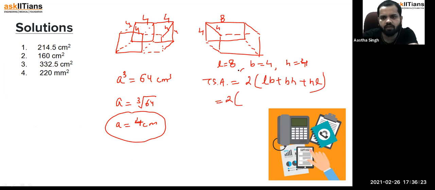What is L into B? 4 into 8, that is 32. What is B into H? B into H will be equal to 4 into 4, 16. And H into L will be again 32. So 32 and 32 will become 64. 64 plus 16 will become 80. So 2 times 80 results in 160 centimeter square.